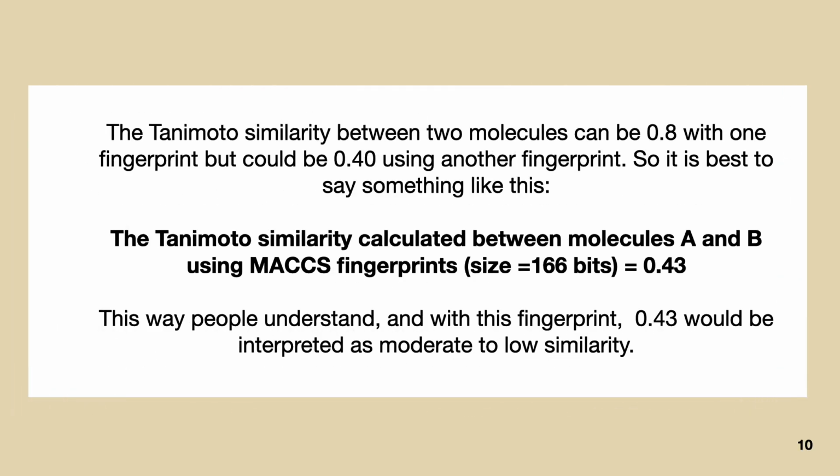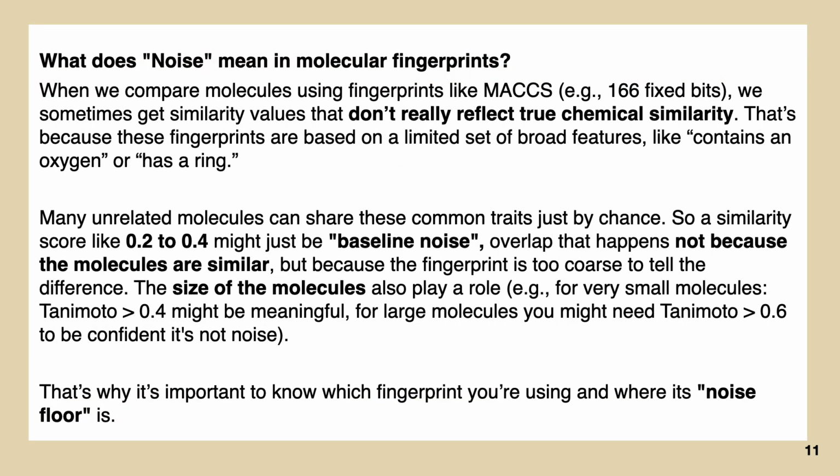On this slide, we highlight the importance of specifying which fingerprint was used when reporting a Tanimoto coefficient, since the similarity value can vary significantly depending on the fingerprint type. When we compare molecules using fingerprints, like MACCS keys, we sometimes get similarity values that do not really reflect true chemical similarity.